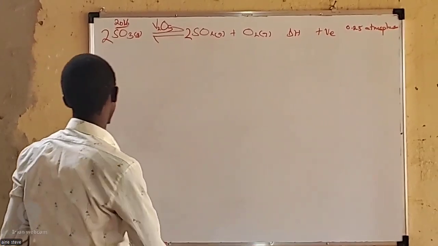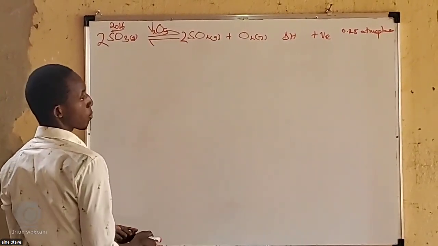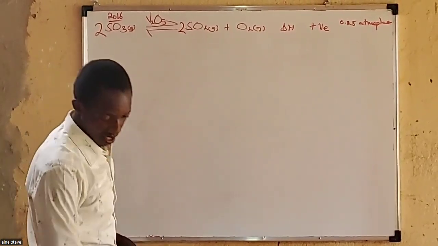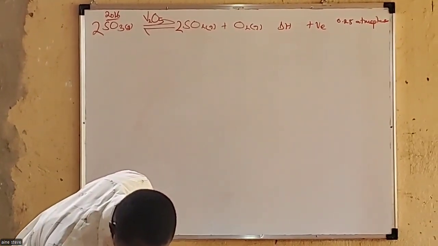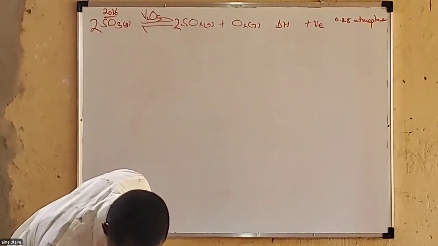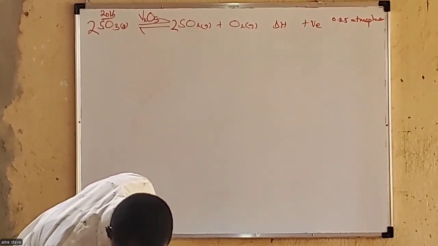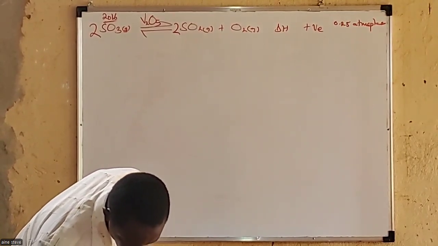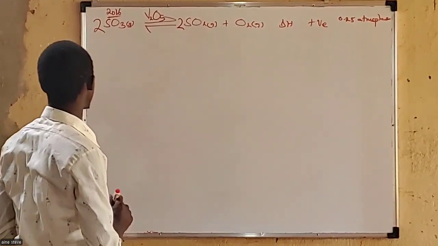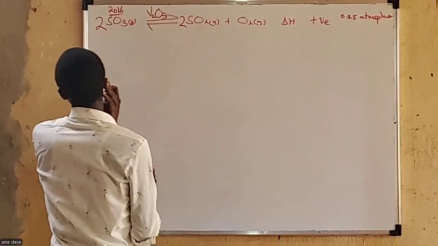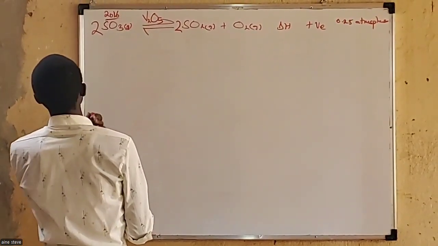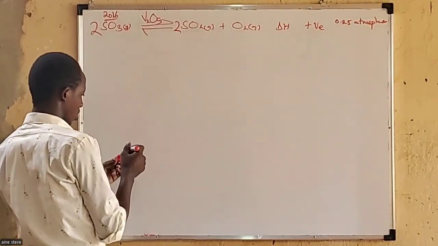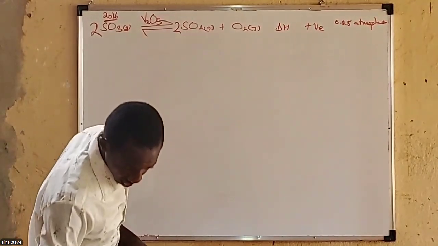So you first of all look at what the question, what they have given you. It was decomposed, 0.25. So you come and see moles, initial moles, look at them critically.